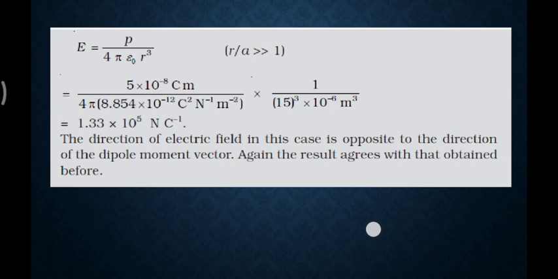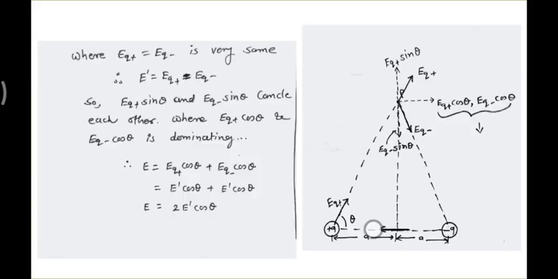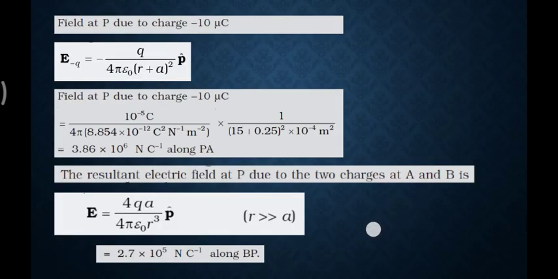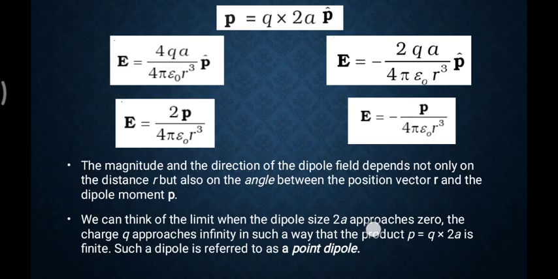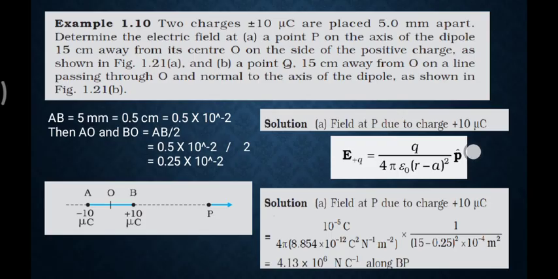So this discussion can also be reduced to the dipole moment point of view, as in the first slide of the discussion. Here the electric field reduces to E equals minus P upon 4 pi epsilon 0 r cube, and this is what we use at the end.